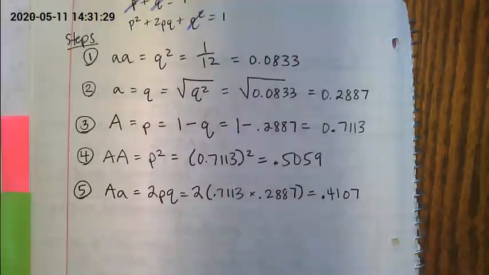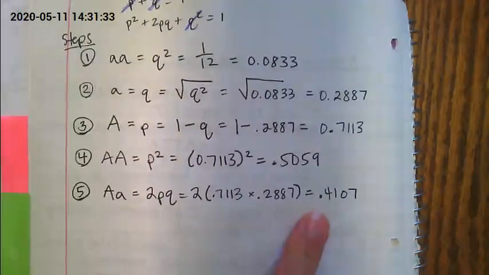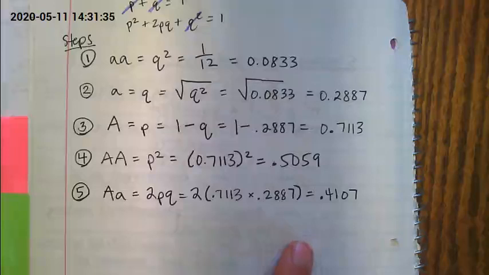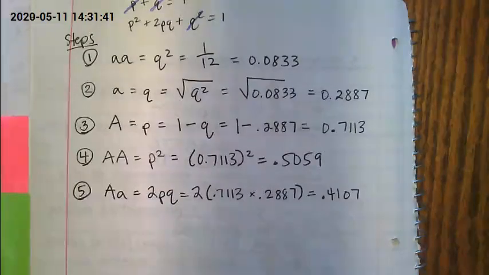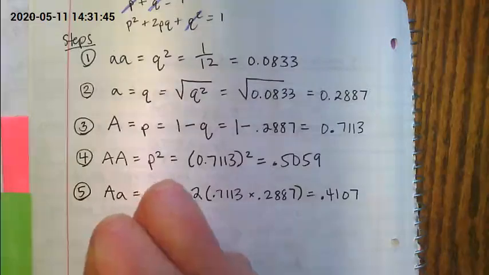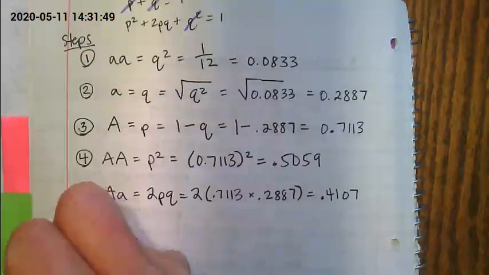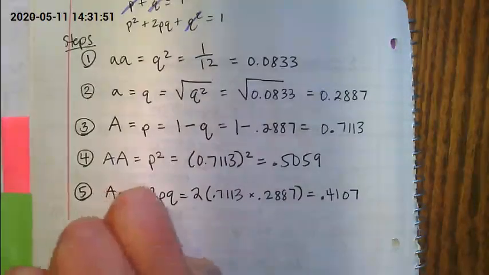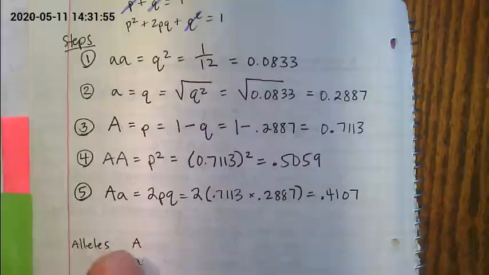Okay, so these are all in frequencies, and sometimes the problem will want you to keep them in frequencies, which means decimal, and sometimes they're going to want you to convert them to percentages. So let's look at these numbers with percentages because I think that makes a little bit more sense. We've got our alleles, and we'll have our genotypes.